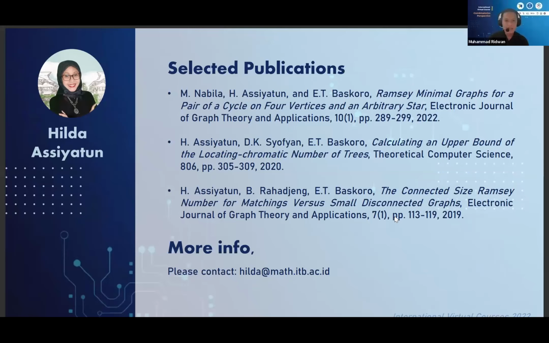And the second one is joint work with Dian Kartika Sofyan and Edy Tri Baskoro, published in Theoretical Computer Science in 2020. And the last one is joint work with Budi Rahajeng and Edy Tri Baskoro, published in the Electronic Journal of Graph Theory and Applications in 2019.